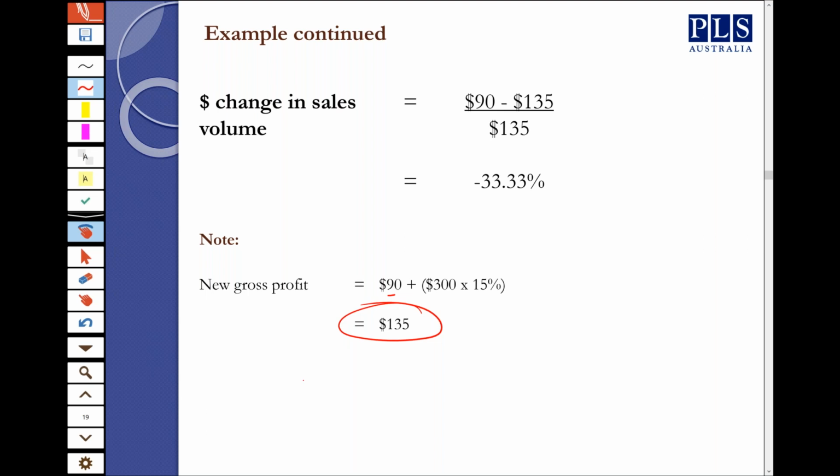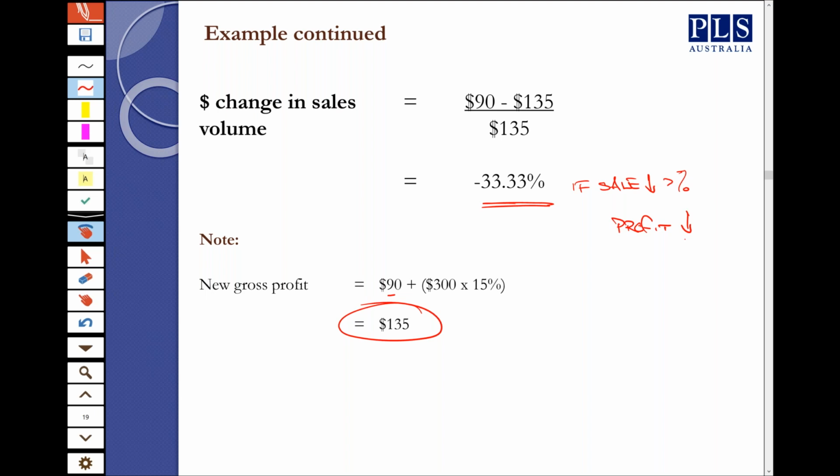My 90 less my 135 on 135 gets me negative 33.33%. Therefore, if my sales decrease by greater than that percentage, then my profit will decrease. So that is how I would need to read that process. That's how I'd need to read that coverage.